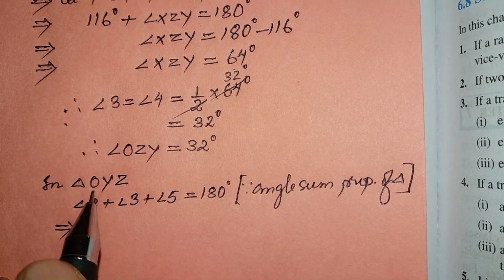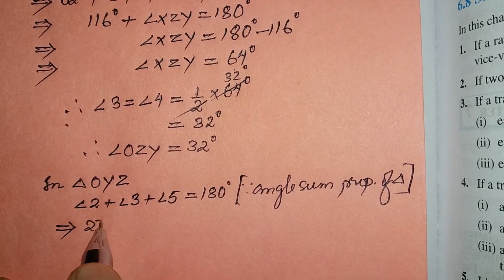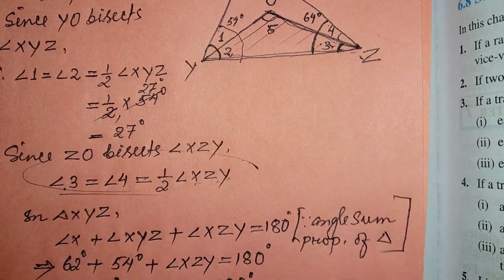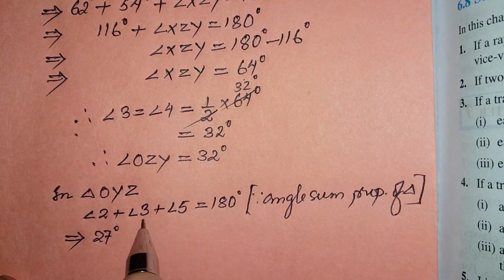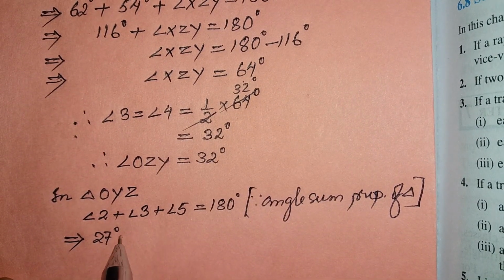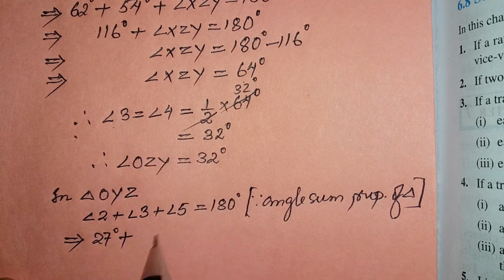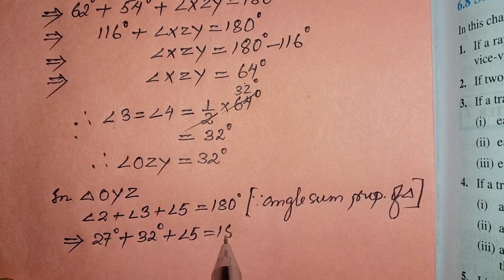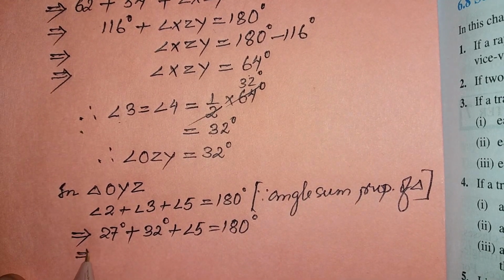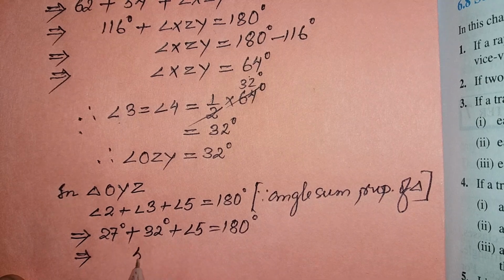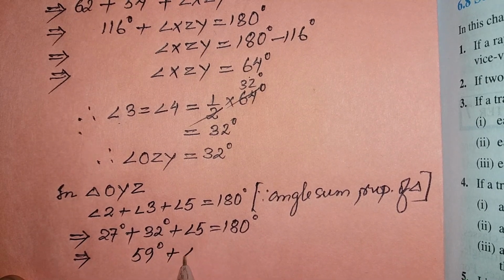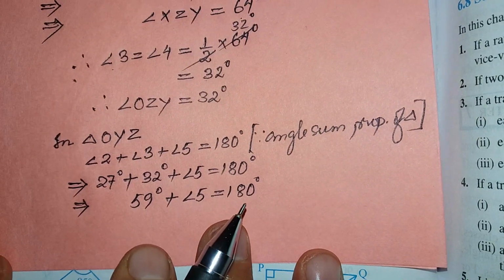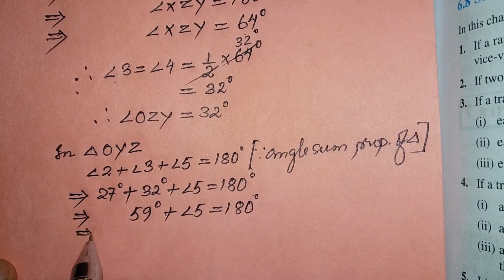Now angle 2 is 27 degrees and angle 3 is 32 degrees, plus angle 5 is equal to 180 degrees. Now 27 plus 32 is 59 degrees plus angle 5 is equal to 180 degrees. Let's transpose this 59 to the right hand side.